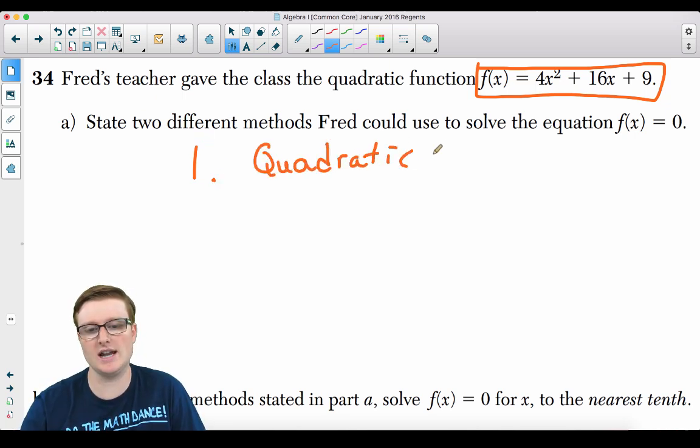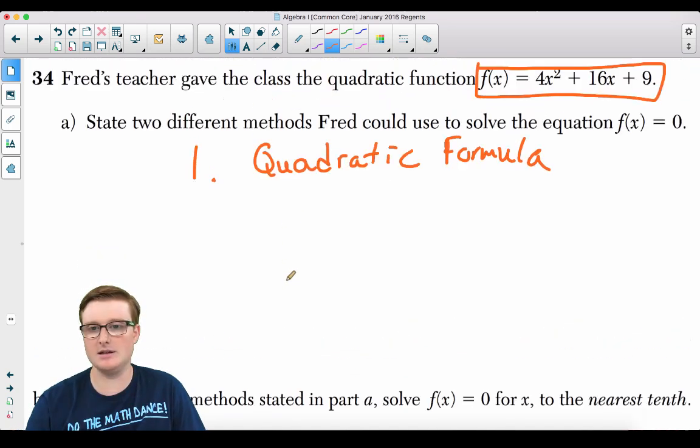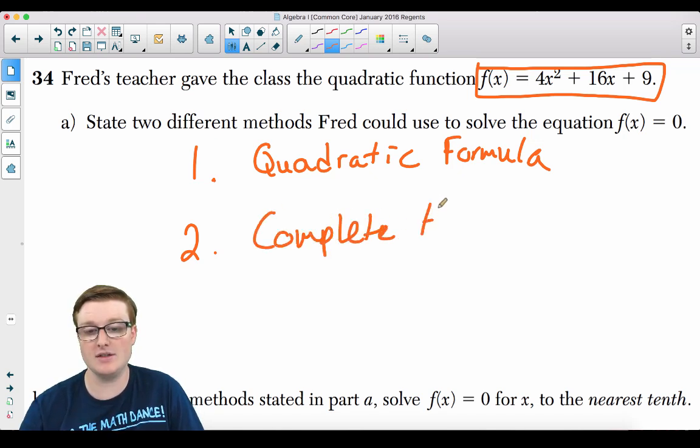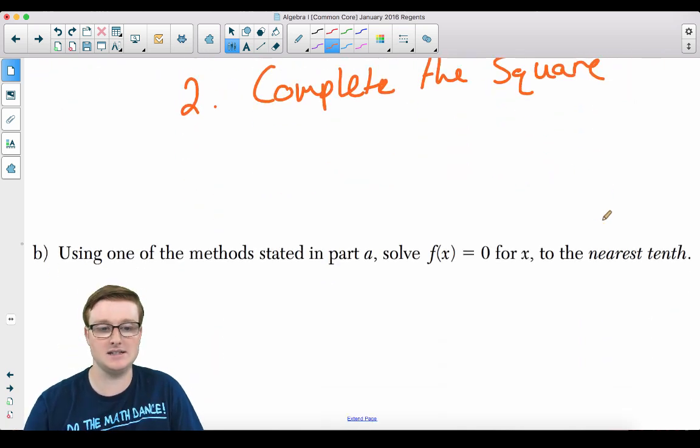We know that for sure. Quadratic formula always works. And for the second one, we could complete the square. So these are 2 methods that Fred could use. All right, so that's easy.